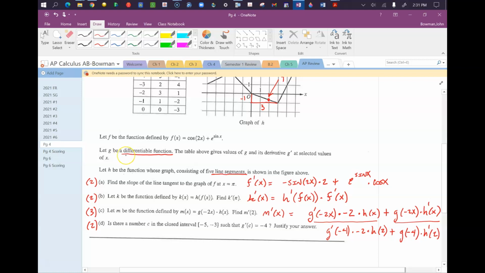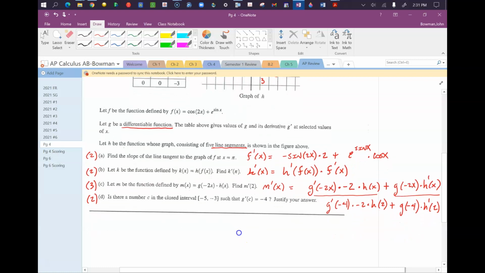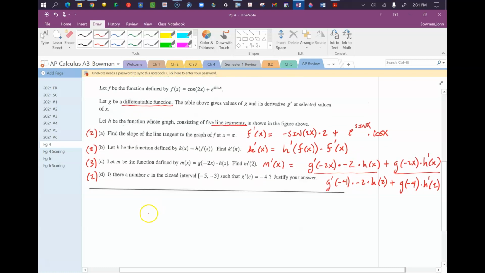Well, g is differentiable. Therefore, g is also continuous. So the answer to that question lies in the following. g prime of c should be equal to the average rate of change over that interval, because we meet the conditions for the mean value theorem.